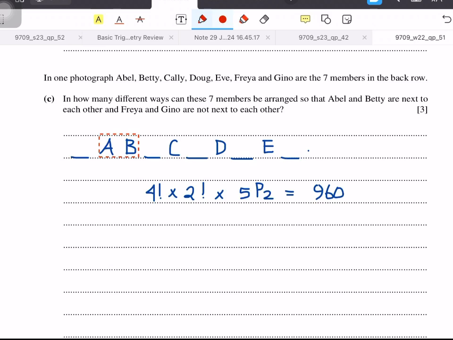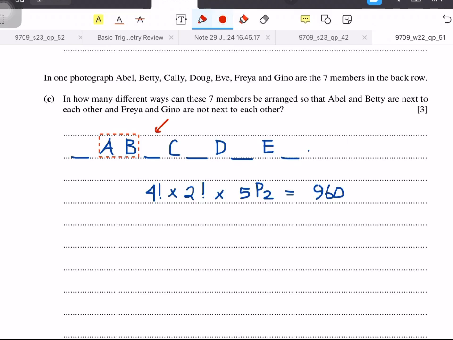No matter in which space Freya and Gino stand, we can make sure that Freya and Gino are not next to each other. For example, Gino is here, Freya is here. So they are not next to each other.